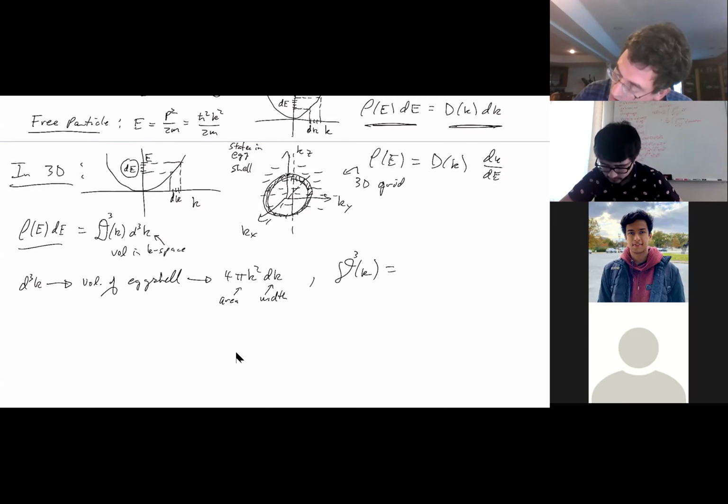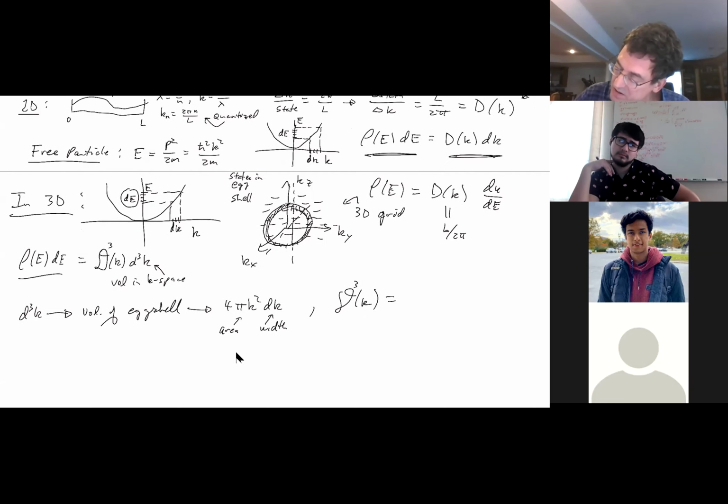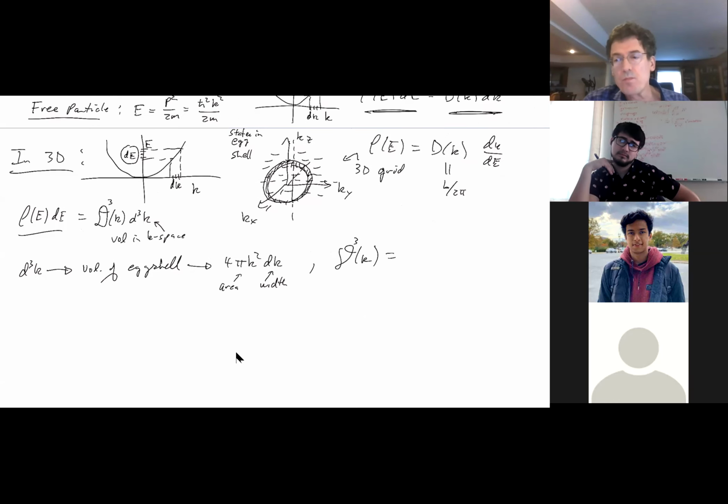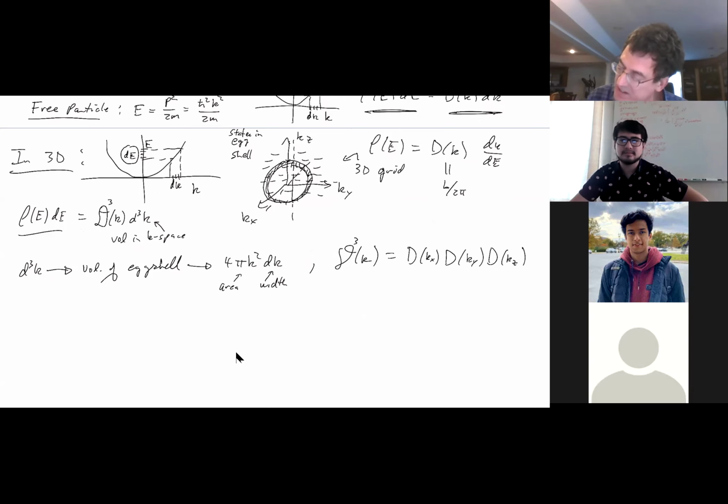And the three-dimensional d of k, well, the one-dimensional d of k we derived very quickly, it's L over 2 pi. Can somebody guess what the three-dimensional d of k is? I'll give you a hint. It's just the density of states in the x direction times the density of states in the z direction times the density of states in the y direction. And what is each of these factors?